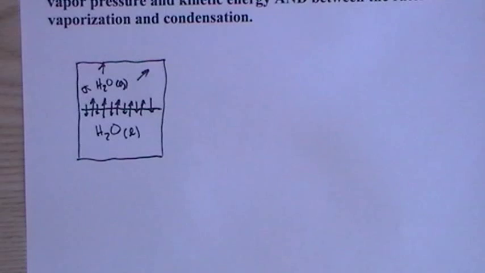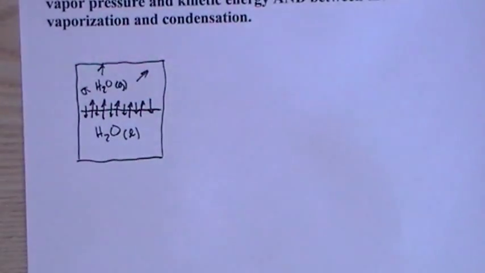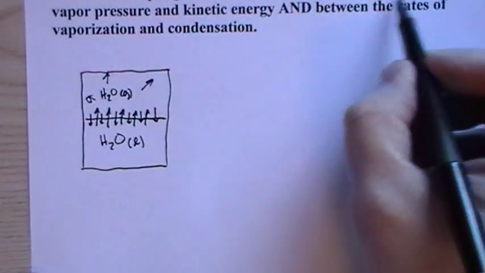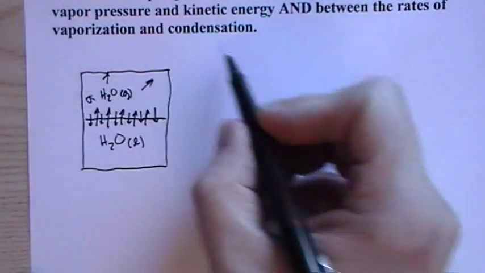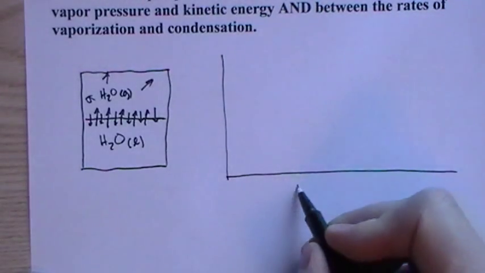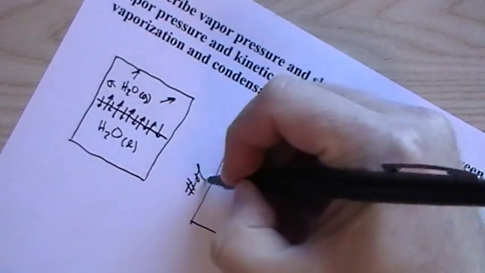Now, it's not the pressure of a gas where the liquid has turned completely into a gas, just a small amount of it has, because it has some extra energy. That's the second part here, show the relationship between vapor pressure and kinetic energy. So we have kinetic energy here, and then this is the number of molecules.